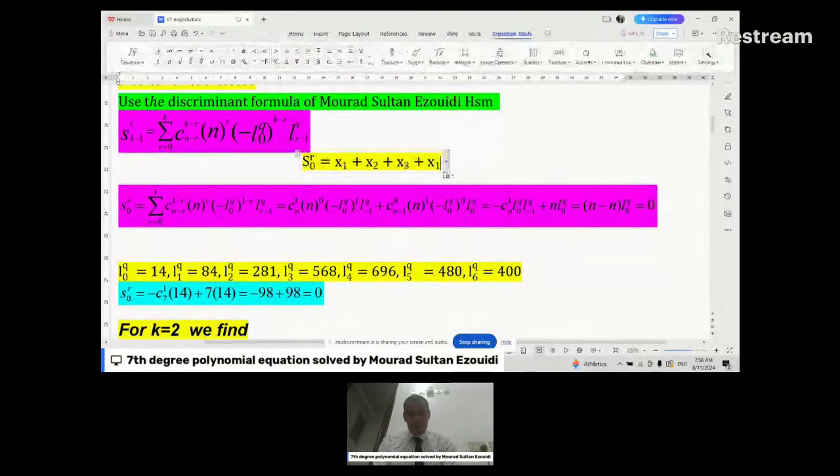This is a 7th degree equation, isn't it? Means we will get 7 roots. Why 4? Because we are going to work with a 7th degree polynomial equation.